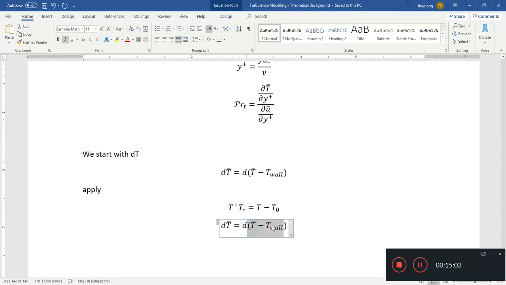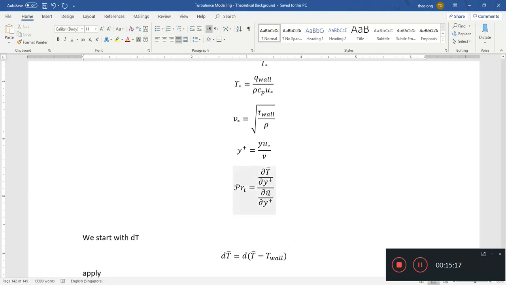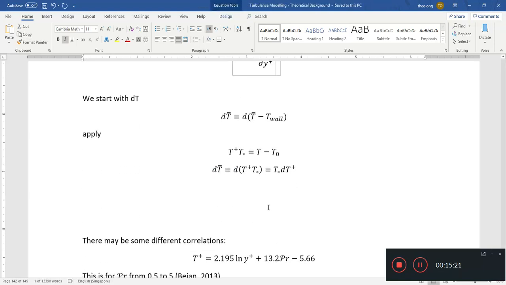T star for us is a constant, so T star just comes out. dT plus. Likewise, dU can be regarded the same way.